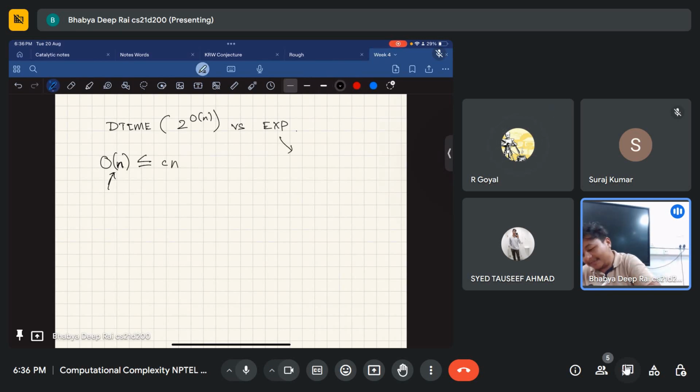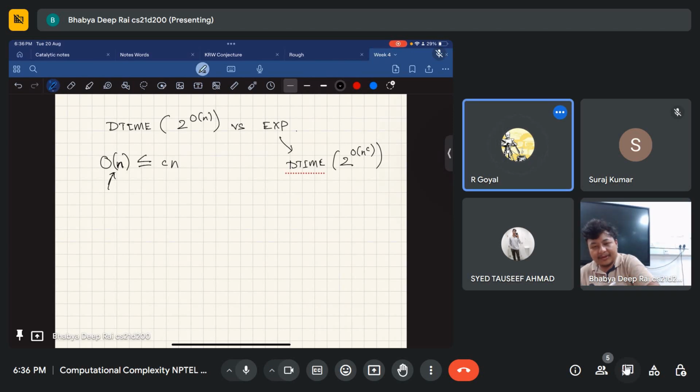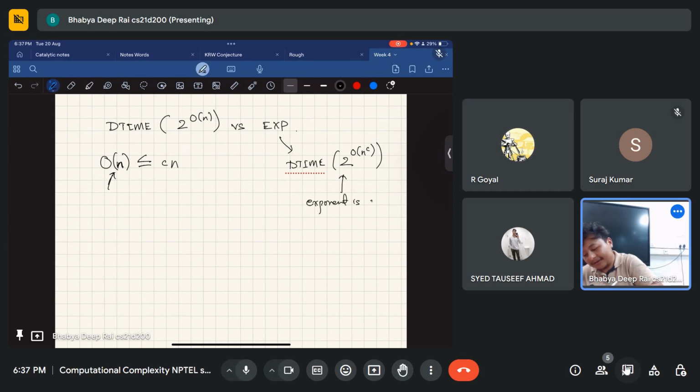EXP, however, is DTIME of 2 to the order n to the c. This is the difference. Here the exponent is a polynomial.